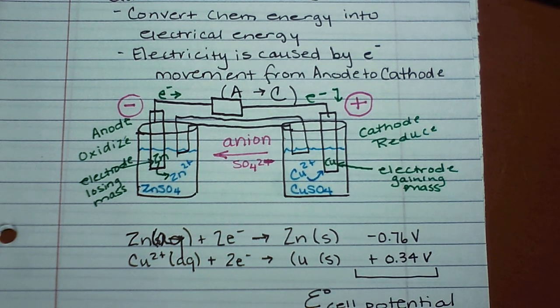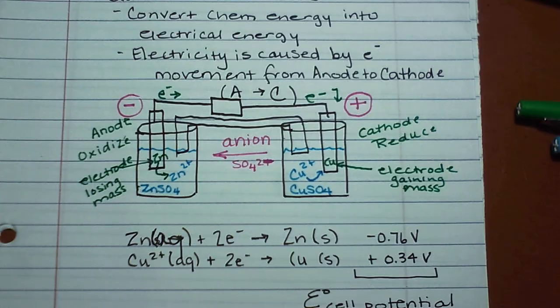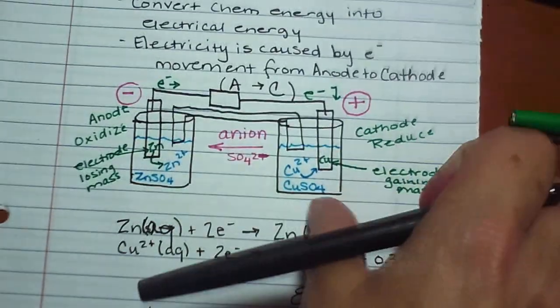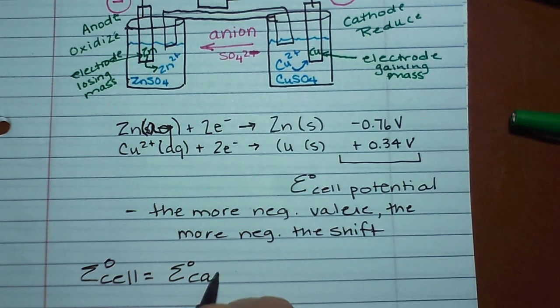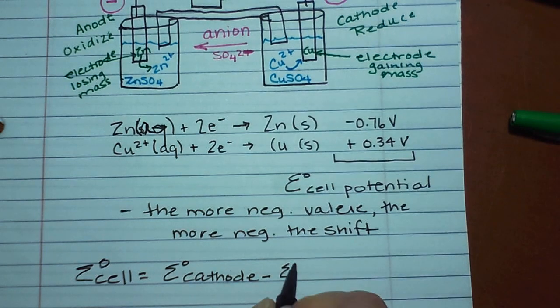Now, the next question is, what is the E cell potential? Well, the E cell potential is equal to, now, the formula that you're going to see, I think is a little confusing, but it's E naught cathode minus E naught anode.